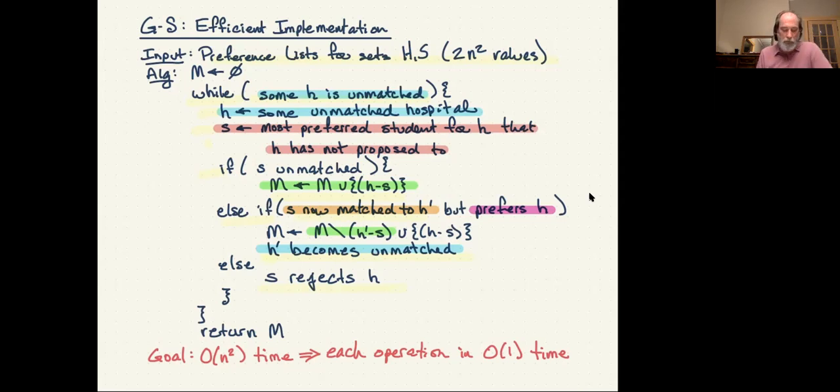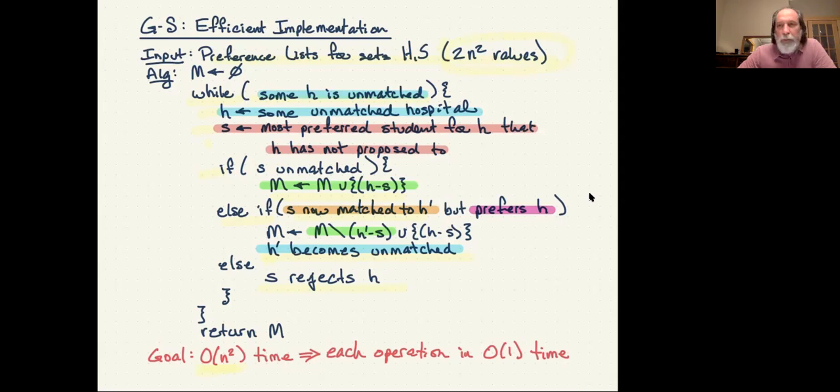So the input has two n lists of rankings, or two n ranking lists of length n each, so n squared values. We know we have big O of n squared iterations of the main loop at most.